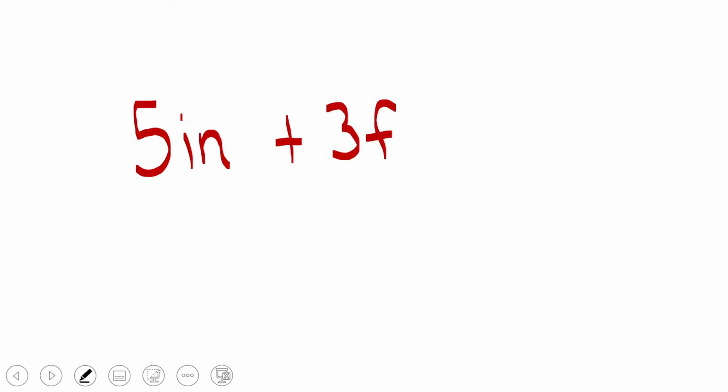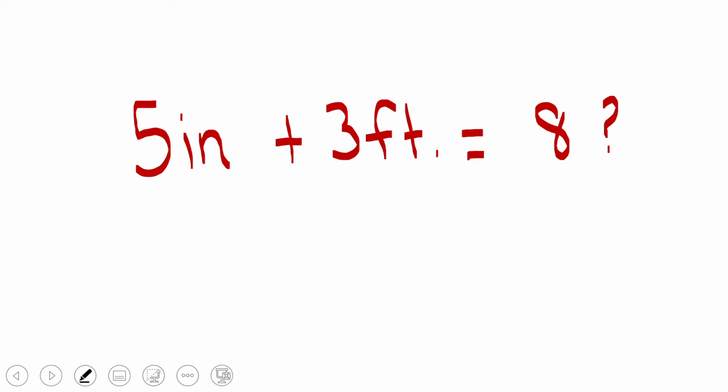So if we had the unit of 5 inches and we were trying to add 3 feet, we know that we'd have to do some conversion. We can't just add 5 plus 3 in different units to get to 8 something.